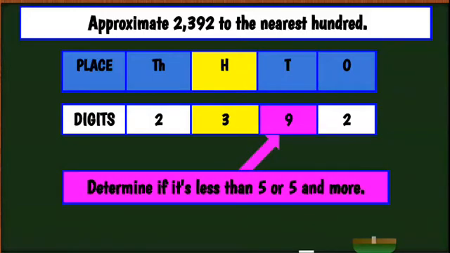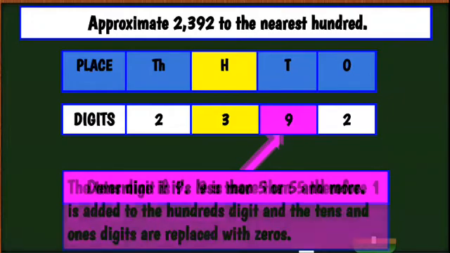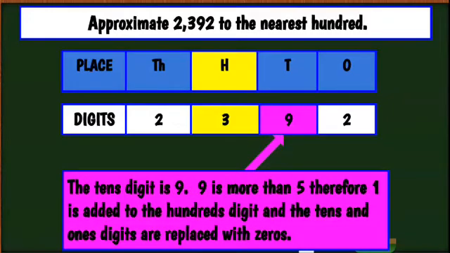Now we have to determine if the number in the tens position is less than 5 or 5 and more. So the tens digit is 9. 9 is more than 5, so therefore 1 is added to the hundreds digit, and the tens and ones digits are replaced with zeros.